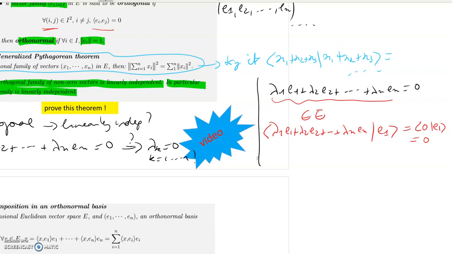What do we get? First of all, how do we prove that? One way to prove this is using the Cauchy-Schwarz inequality.